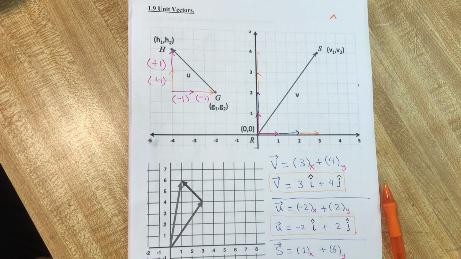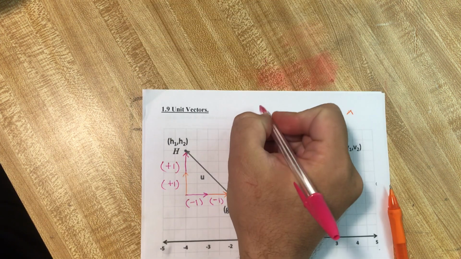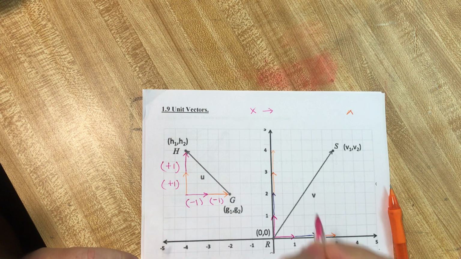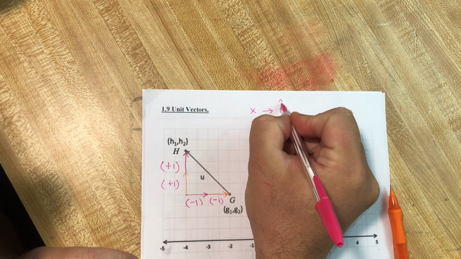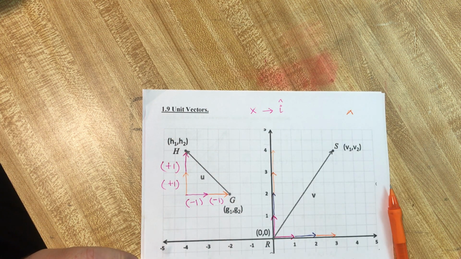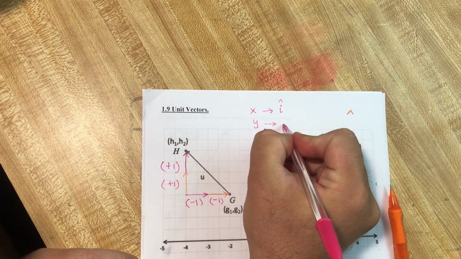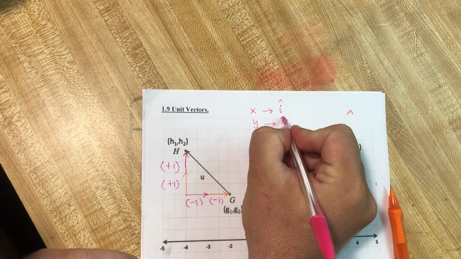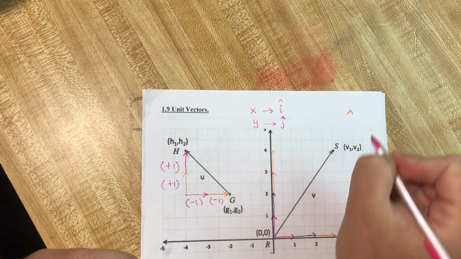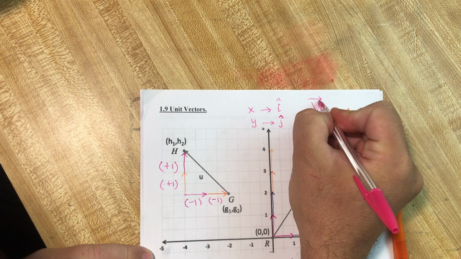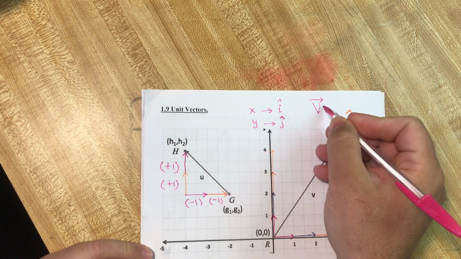In this notation, for the x direction, we will take i hat to denote the x direction unit vector. For the y direction, we will use j hat. We will use this hat. For a vector v, we will use an arrow to denote a vector.